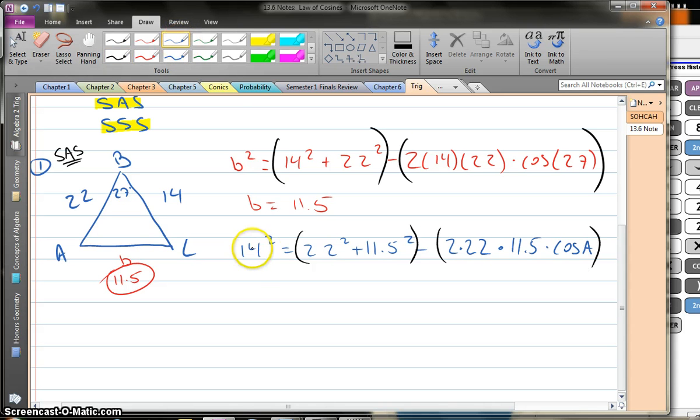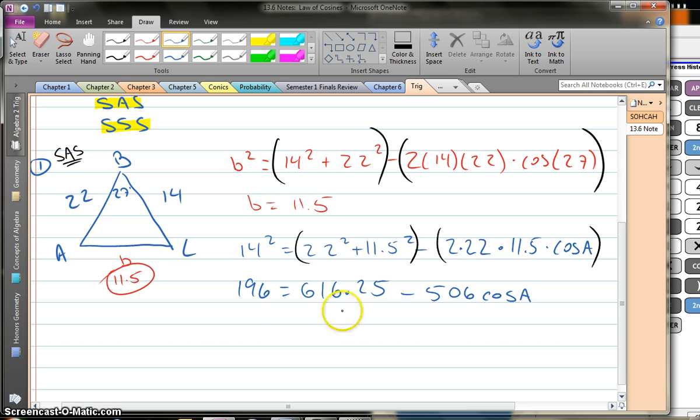All right, so 14 squared is 196. 22 squared plus 11.5 squared, 616.25. Minus, now this is where it gets a little interesting. I would do 2 times 22 times 11.5, which gives me 506 cosine of A.